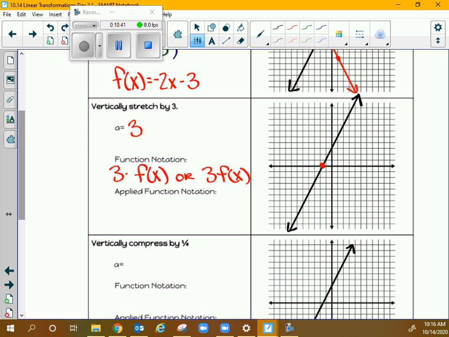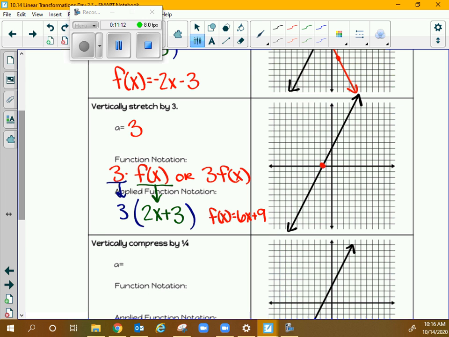So that original function that you had of 2x plus 3 is now getting multiplied, and it is going to become 6x plus 9. So not only did the slope change, but so did the y-intercept, but they should still share this point on the x-axis.